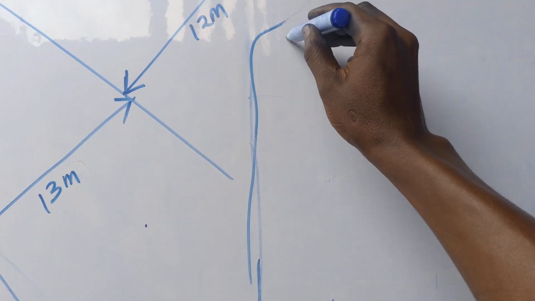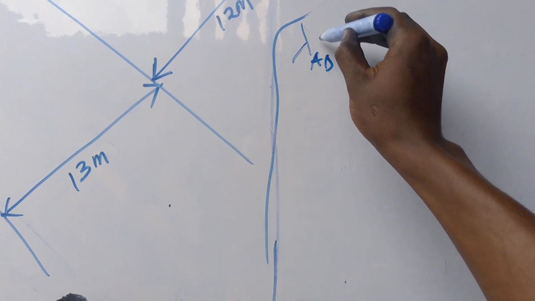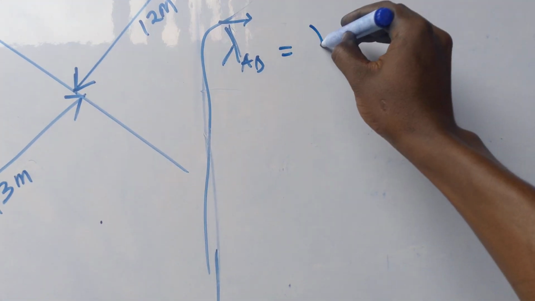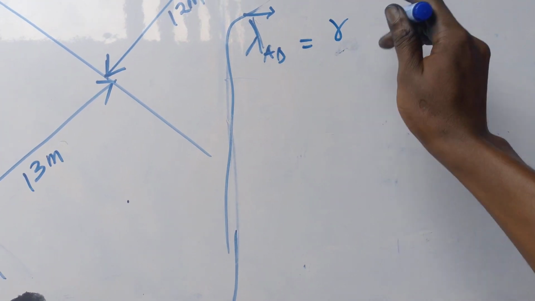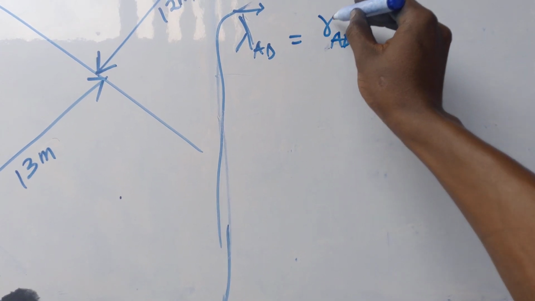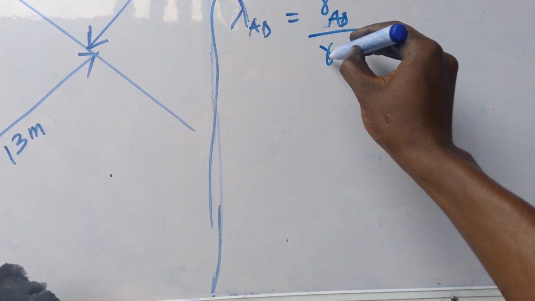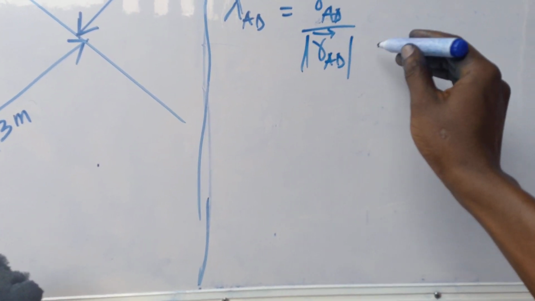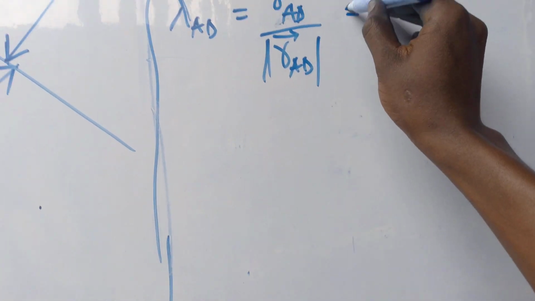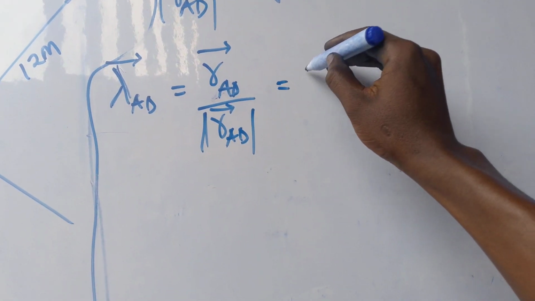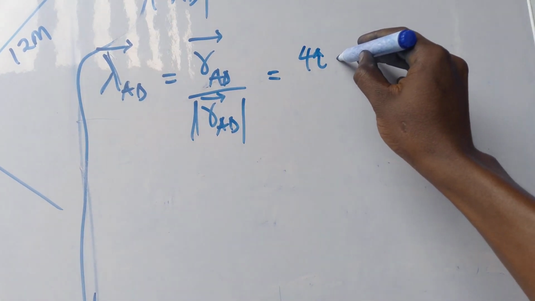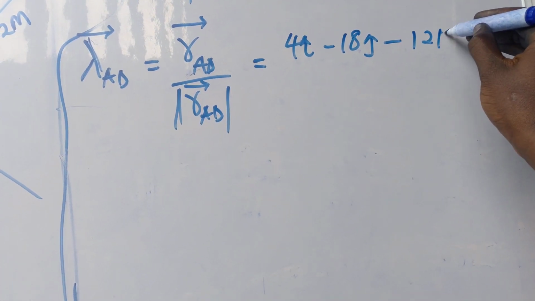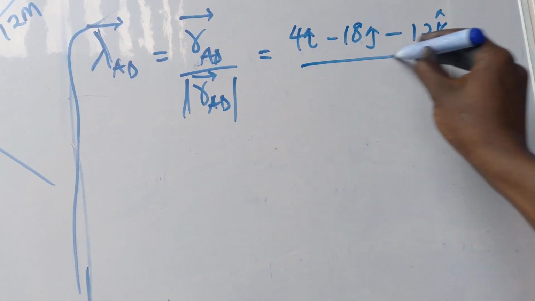So lambda AD, which is the unit vector, will be RAD over the modulus of RAD. So now that is 4i minus 18j minus 12k divided by 22.